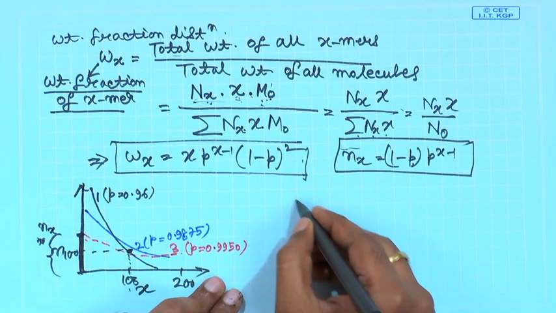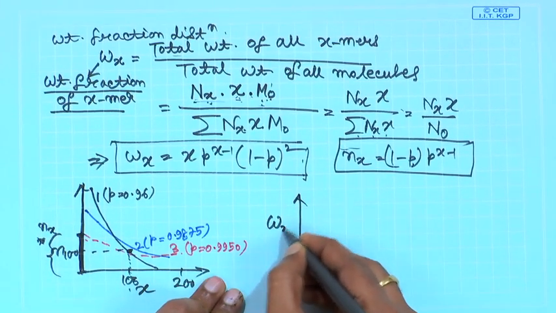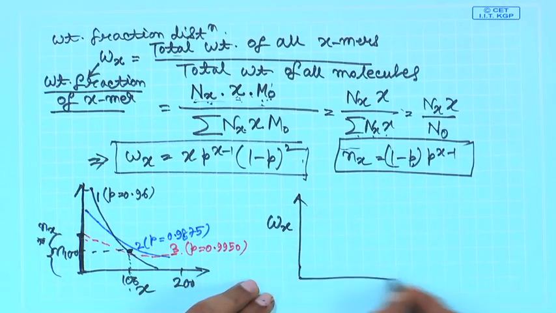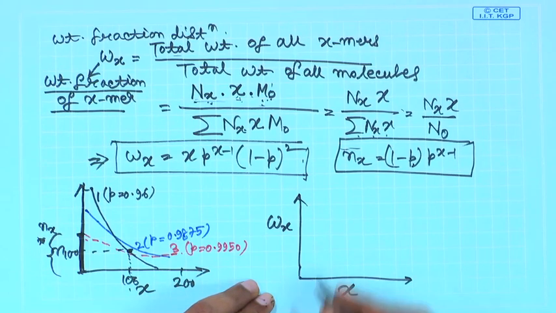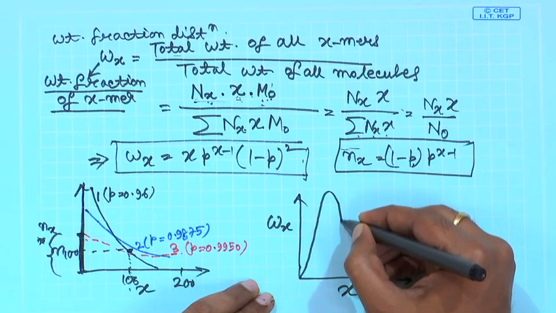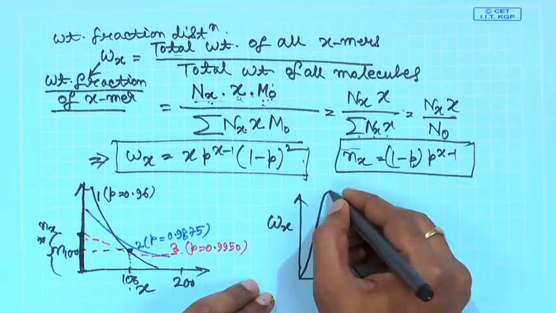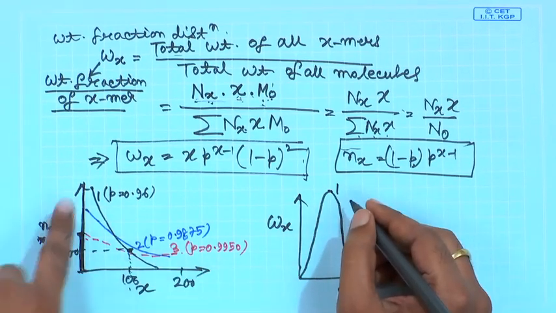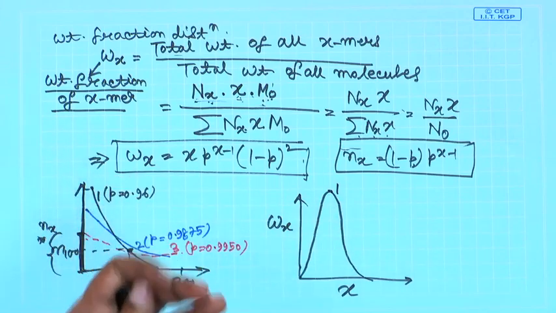What about the weight? This is the number. So, what about the weight? If you look at the weight fraction, you are plotting Wx as a function of x. So, what you will get is the following. This is for curve 1, again 1 corresponds to this.